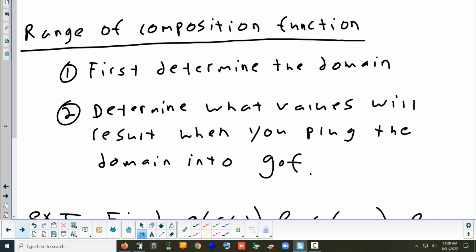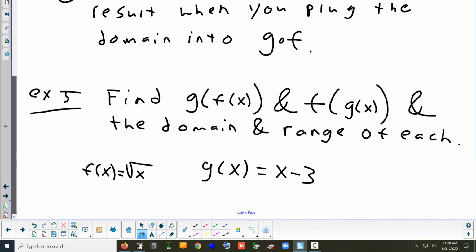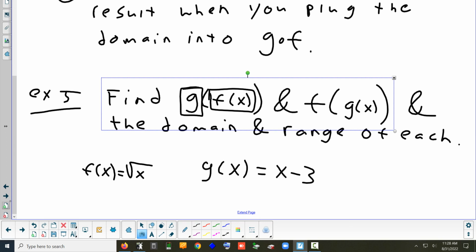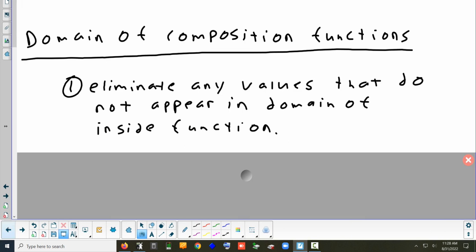When I say inside function, this would be considered the inside function. This is the outside. Inside is inside the parentheses. Outside is outside the parentheses. So we start with the inside function, and we eliminate any values we need to from that.